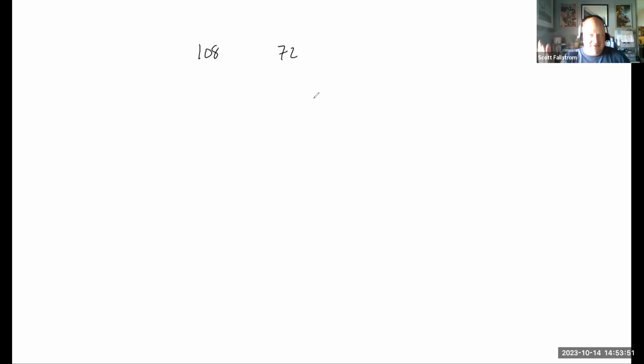So think there is some number, and maybe it's only the number 1, but there is some number that divides both of these two. And remember, if it does divide both of them, then it must divide 108 minus 72.